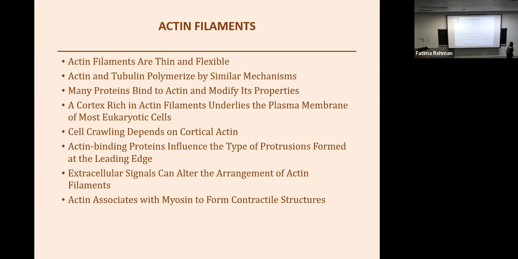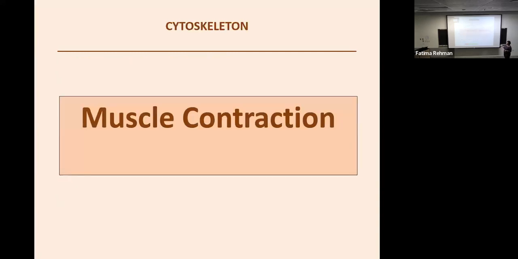The cell crawling mechanism depends on this cortex actin that is getting influenced by whatever extracellular signals it receives. And finally, actin can associate with myosin to create contraction and relaxation response, which is part of how, in the cell cycle, you get that division of cells in cytokinesis.